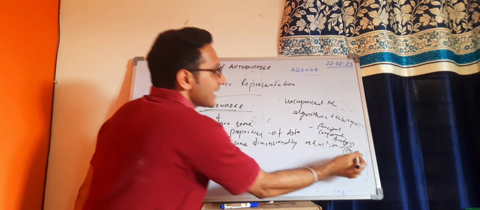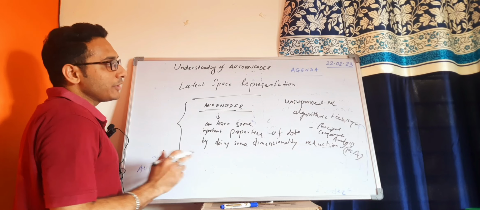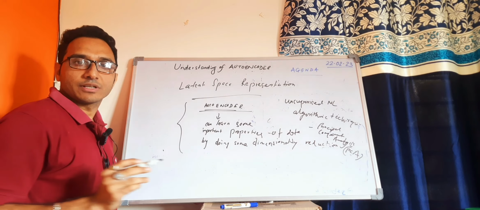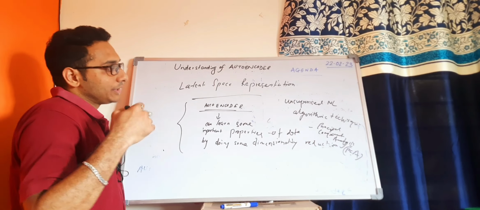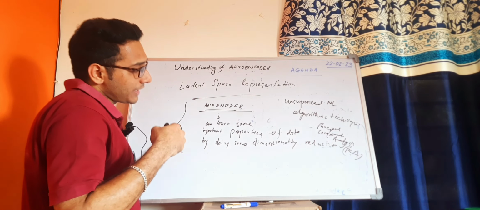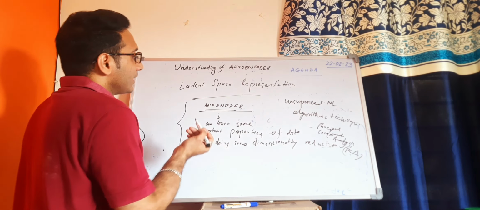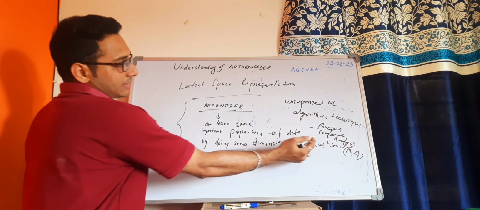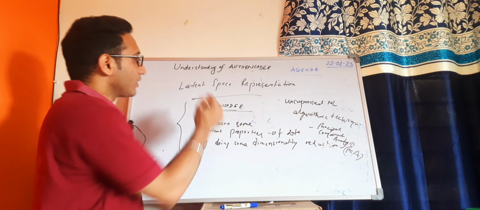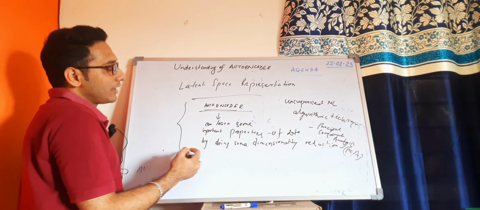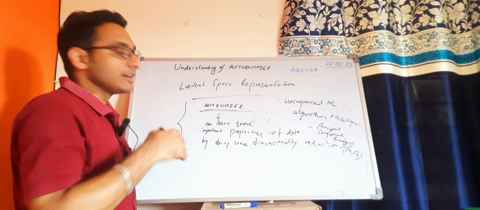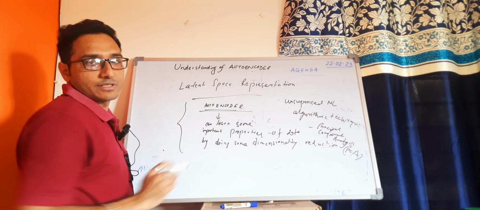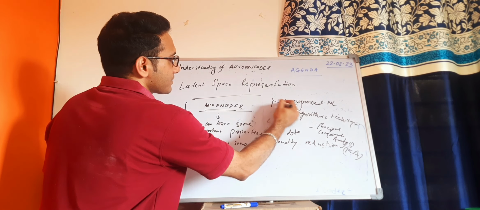So PCA is an algorithmic technique by which you can reduce the dimension, and if you leverage that algorithm in the autoencoder architecture, then you can achieve the same result, right? Because this is reducing the dimension, and autoencoder is also reducing its dimension and converting it into latent space representation. So this is one major aspect, right?